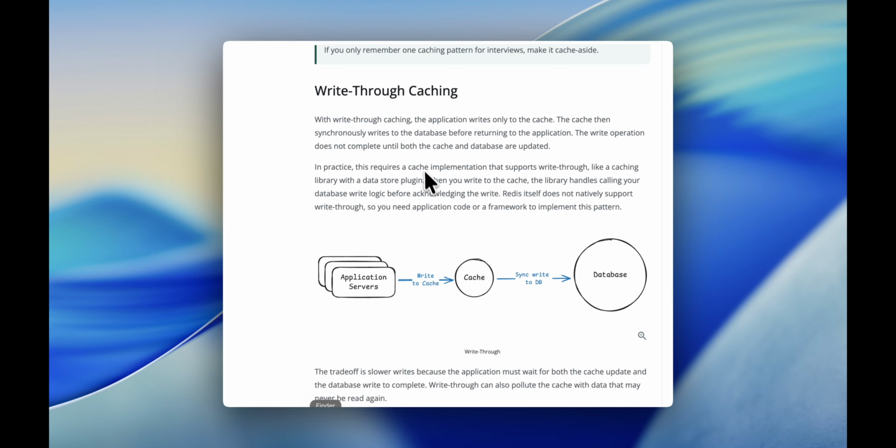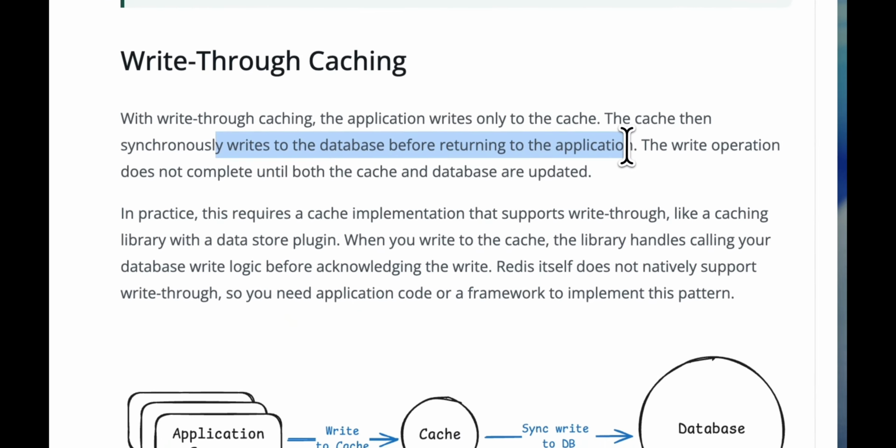Now the other pattern is the write-through caching. The write-through caching is basically the application writes only to the cache, and then the cache synchronously writes to the database before returning to the application.